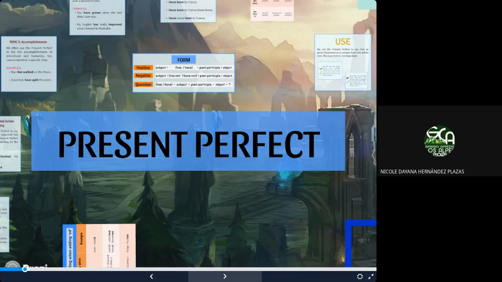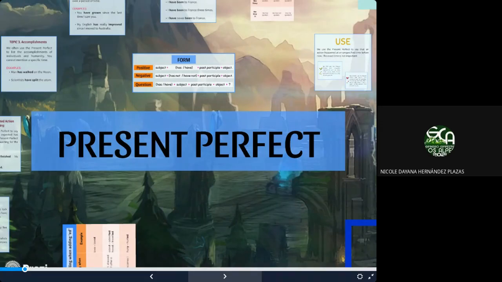Okay, perfect. What do you remember of the uses? Do you remember something of the uses of present perfect? When do we use it? It's to talk about experiences. Okay, the first of the uses is to talk about experiences. What else?